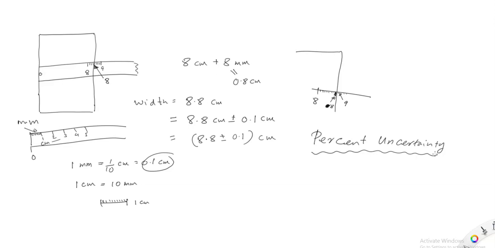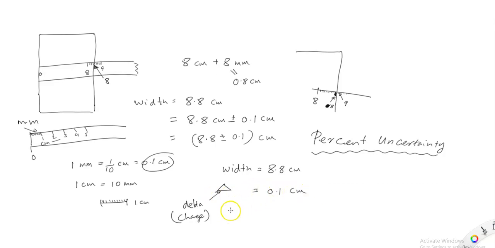So for example, in this case, our measurement of the width is 8.8 centimeters. Our uncertainty, or we say the change, or delta, this little triangle sign is called delta, it stands for change. The delta portion of the width, or the change of the width, is 0.1 centimeters.